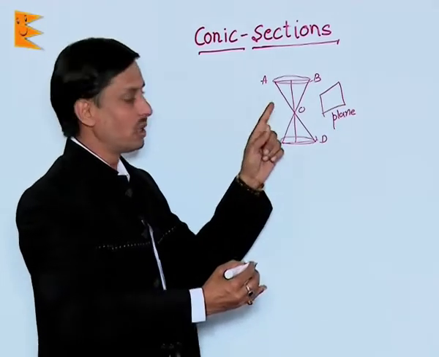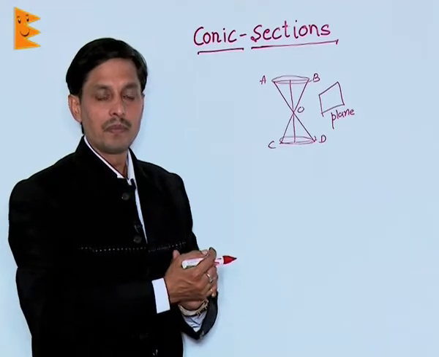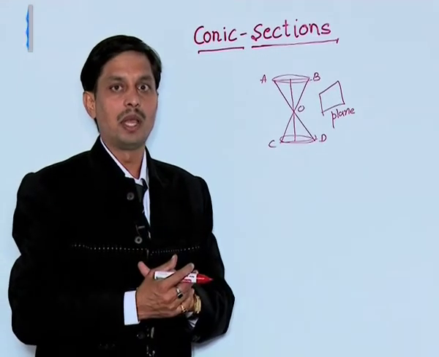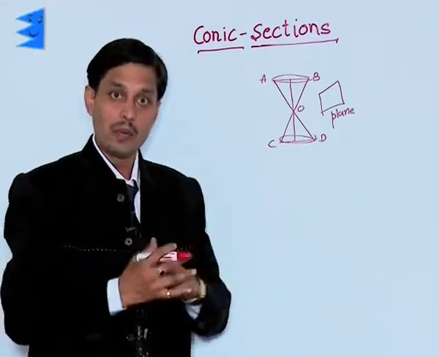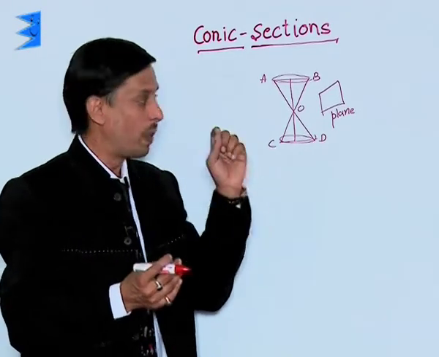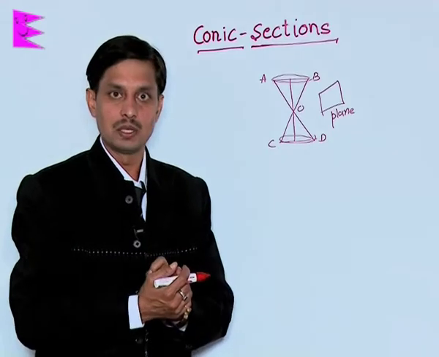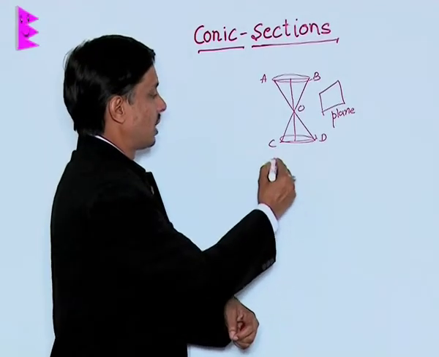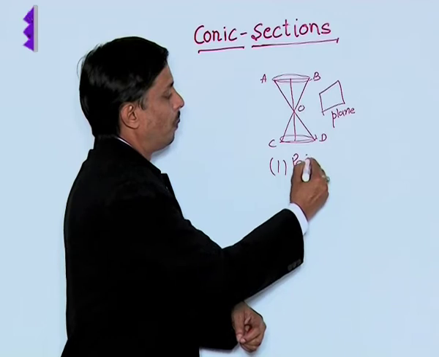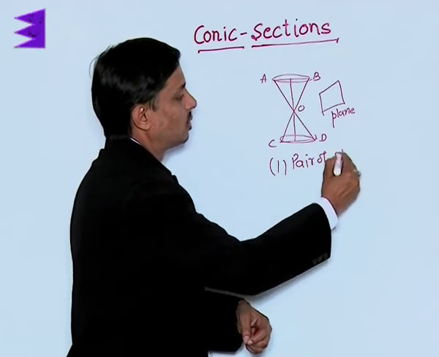When a double cone is cut by a plane, then we can obtain different shapes by cutting this cone in different positions. One of the sections can be a pair of straight lines.